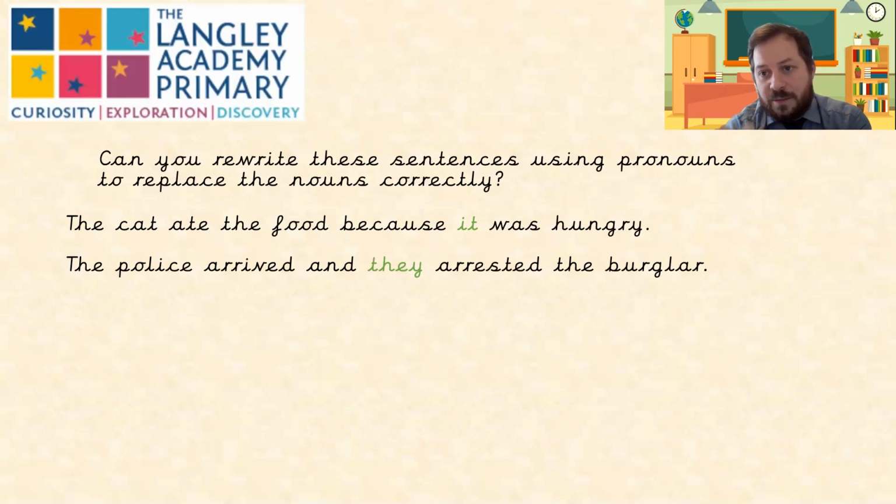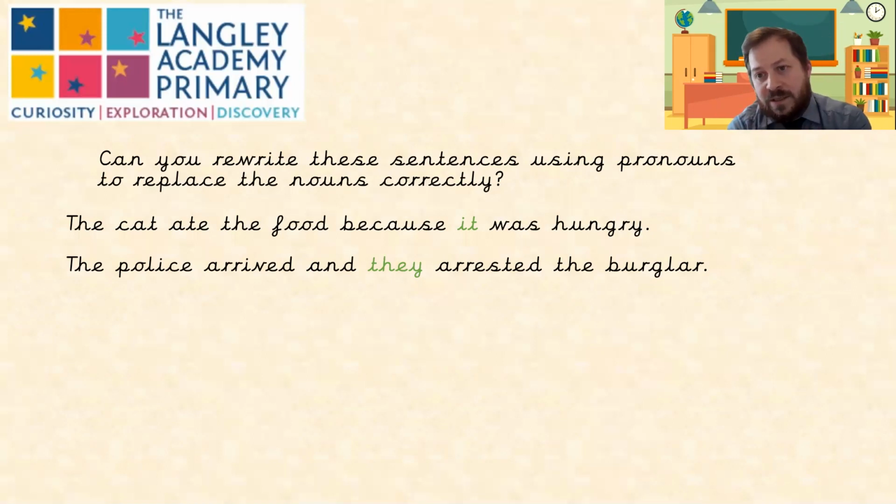Now we can't change the burglar because we only refer to it once, and we need to know that, because we couldn't say and arrested them unless we had talked about the burglar in a previous sentence. So if our previous sentence was talking about the burglar sneaking into a house, and then you came on to saying the police arrived and they arrested them, you could use it then, because the reader can link that pronoun back to a previous noun.